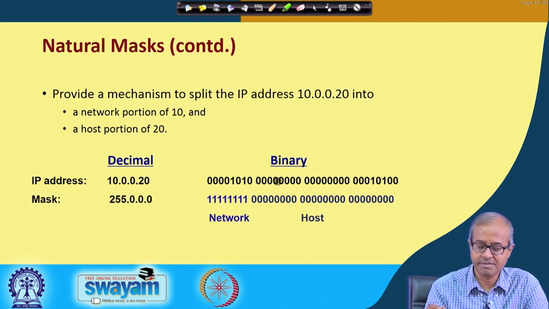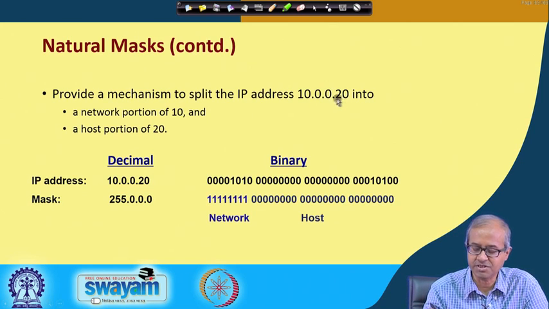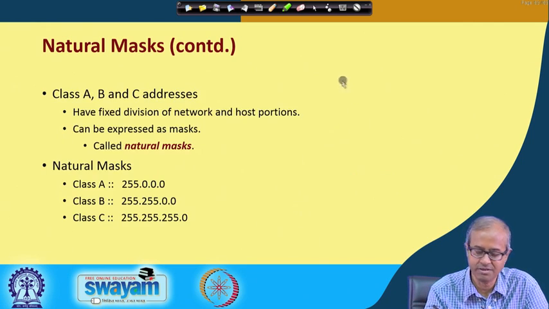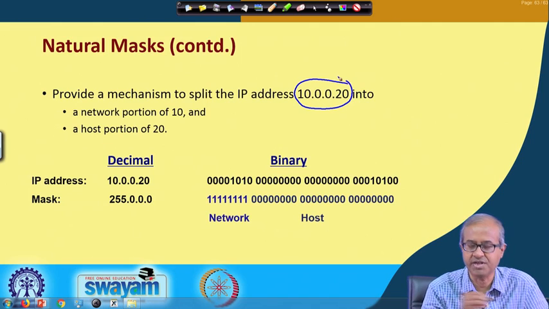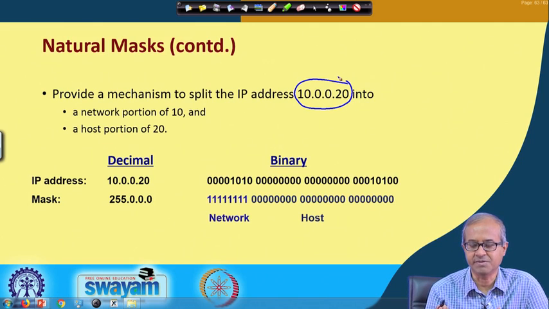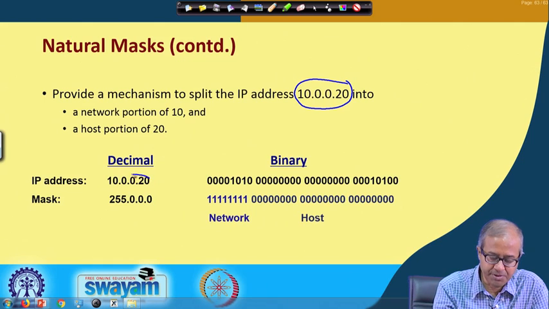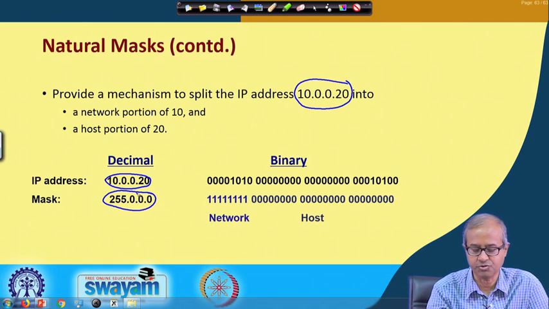So, let us take a specific example. Suppose we have a specific IP address of a host on this class A network, let us say 10.0.0.20. This is my IP address, and already we have seen that the natural mask is 255.0.0.0.